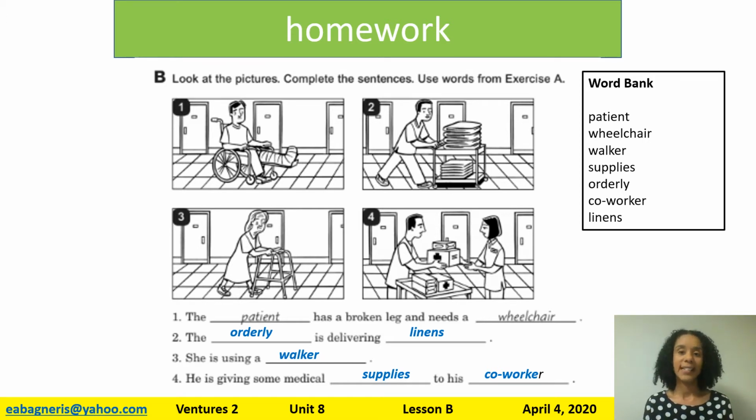Let's read the sentence. He is giving some medical supplies to his coworker. How did you do? Did you get them right? We'll keep practicing.